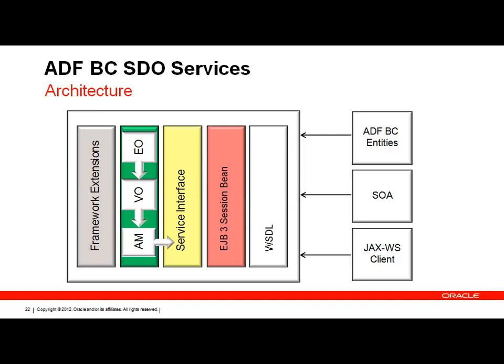On the application module level, as I mentioned before, you have a declarative option to define which of your model, the view objects or the view criteria, you want to expose on the service interface. Same for client methods. And then technically we turn that into an EJB 3.0 session bean and annotate this so it becomes a web service and is discoverable. And then on the right hand side you see the various clients that can access this. So we have a web service client, SOA, and ADF business components entities.